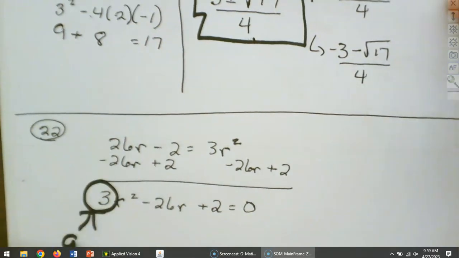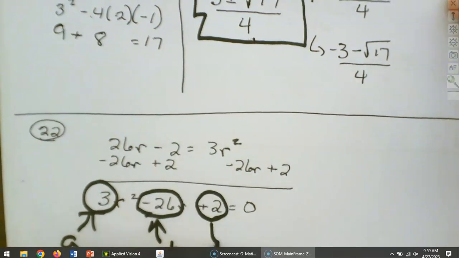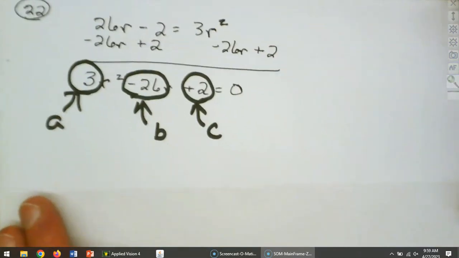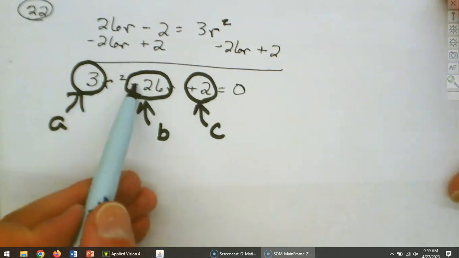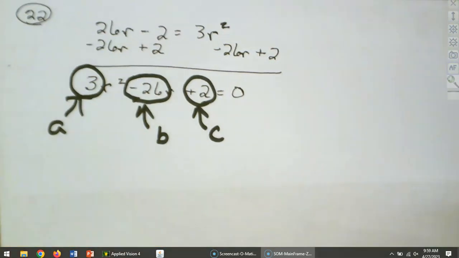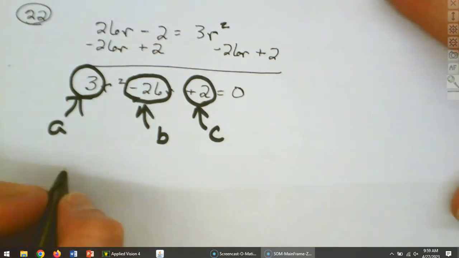So this is our A, this is our B, this is the C. So always need to make sure that you're careful with the sign. So this is a minus 26, so make sure that's why I circle it, to make sure that negative is included. Write up our formula.